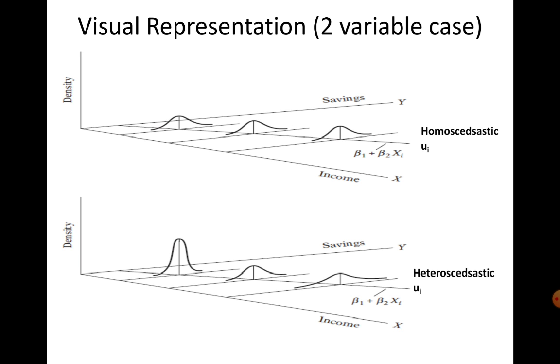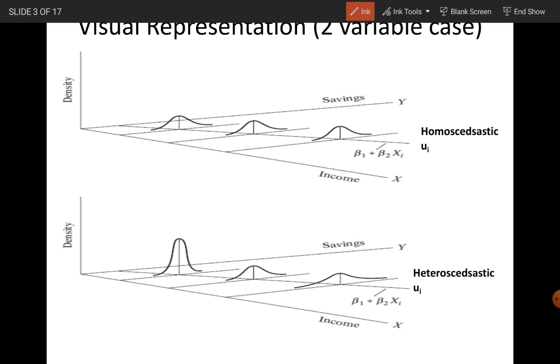I'm looking at the two variable case because that is easier to understand. The same understanding can be extended to the multivariable case. If you remember the two variable case, we had yi is equal to beta 1 plus beta 2 xi plus ui, right?